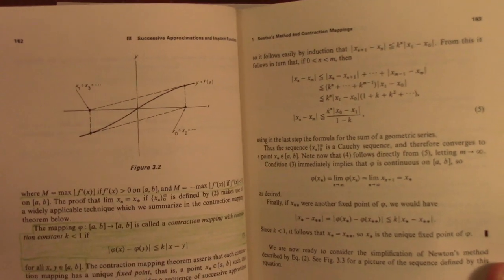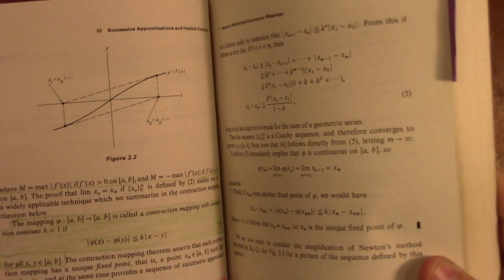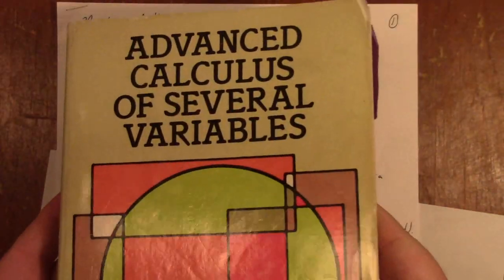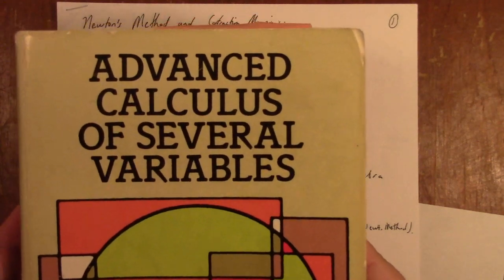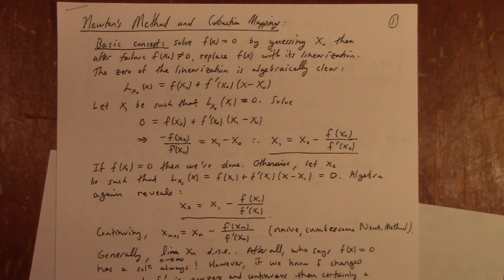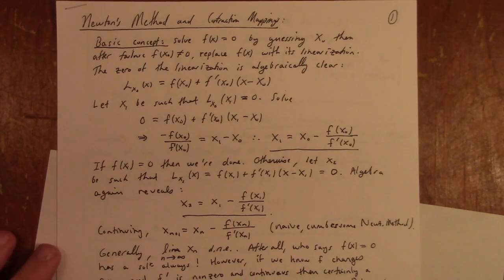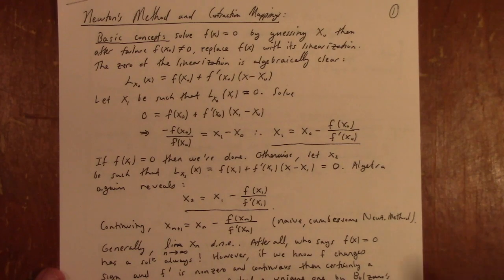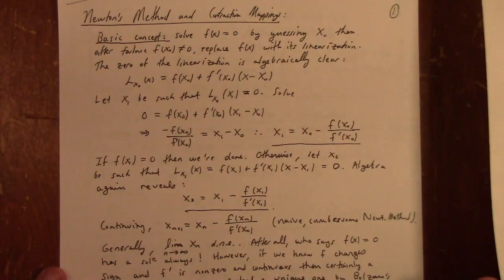He's got a whole section on Newton's method and contraction mappings. And this book is where I first really appreciated how important and interesting the contraction mapping idea is. Not a perfect book, but I've gotten a lot out of it over the years.